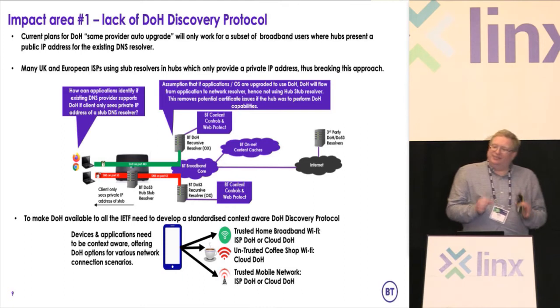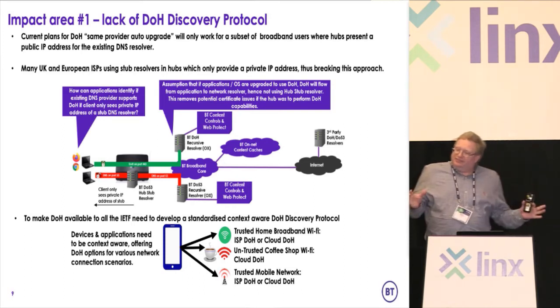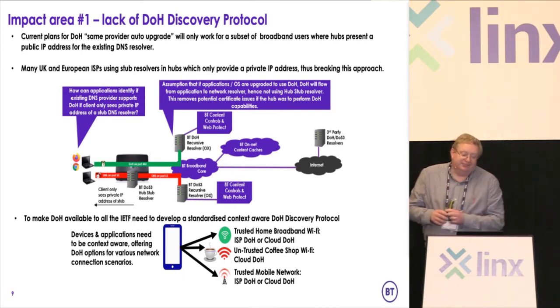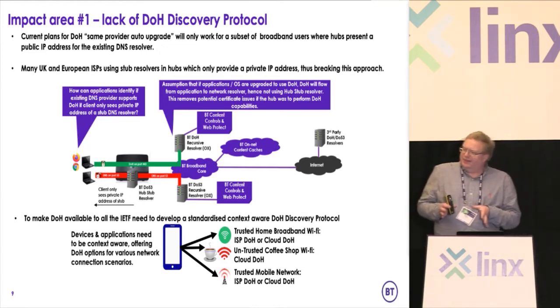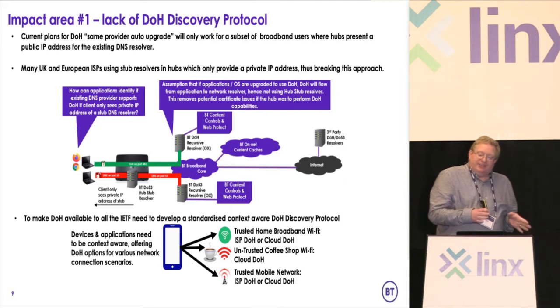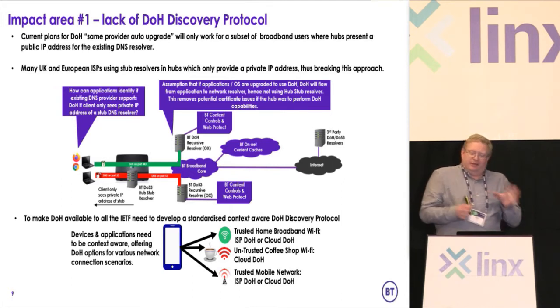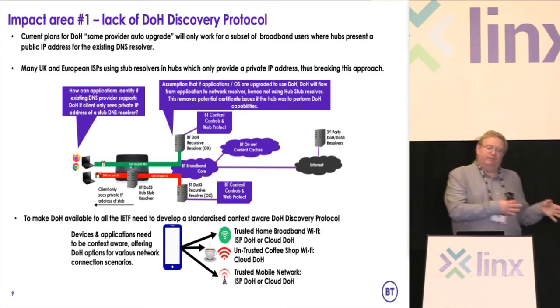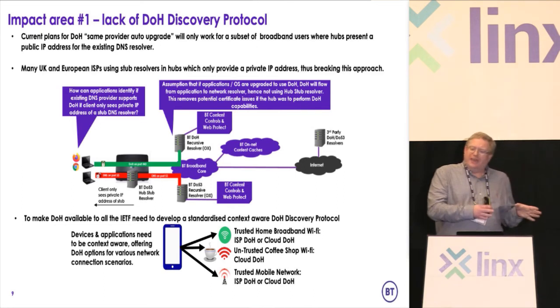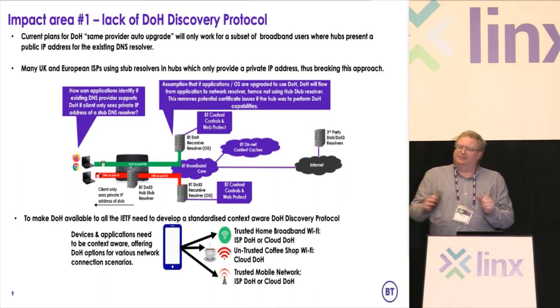The catch is, this will only reach a subset of the broadband base, because many ISPs deploy stub resolvers in their hubs, which only present private IP addresses to the clients, which will mean that Google Chrome and Microsoft Windows will not be able to resolve that to say, oh, it's a BT customer.